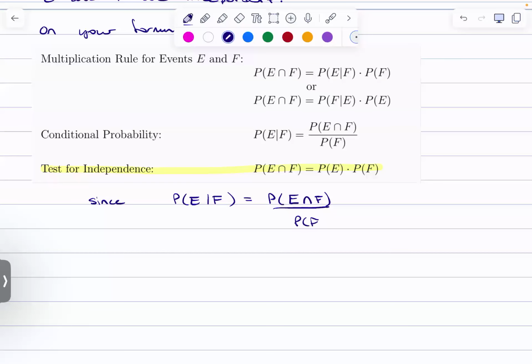Which is why we call it the test for independence, because we're not allowed to assume independence until we can prove it.